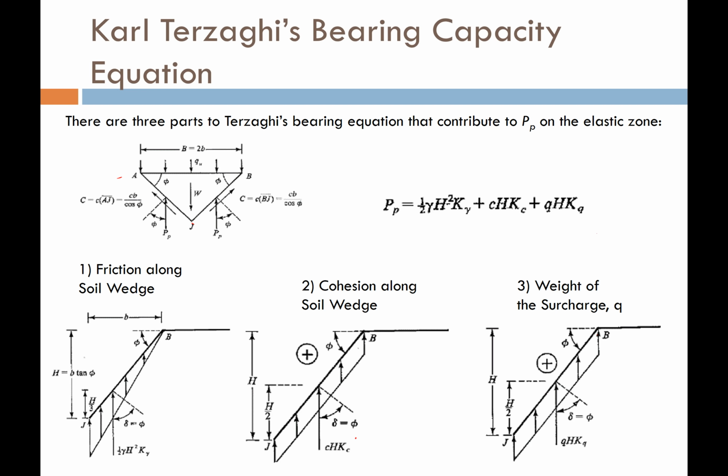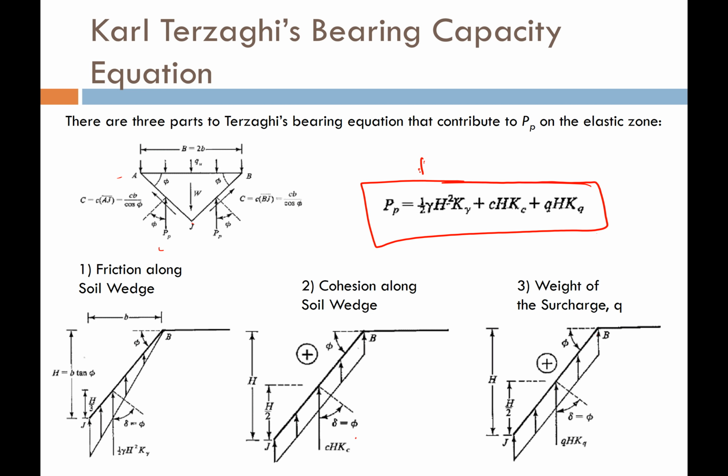So if we combine all those resistances together, we get our resulting resistance along the elastic zone of our wedge, which is P sub P. And so, according to Karl Terzaghi, the ultimate bearing capacity that a strip footing could achieve in any granular or non-granular cohesive soil is going to be equal to this equation right here, where we have the three components, of course.